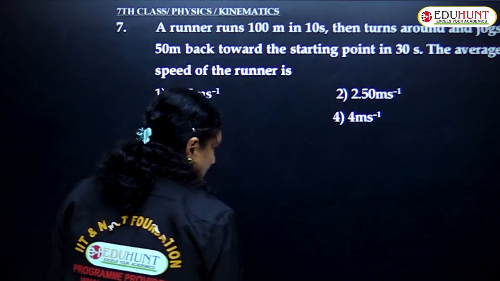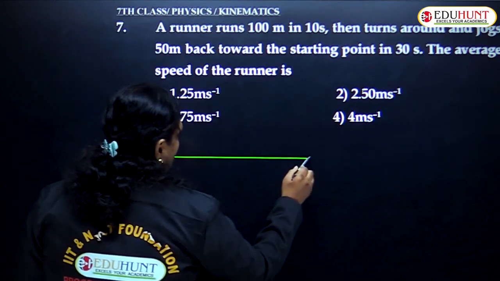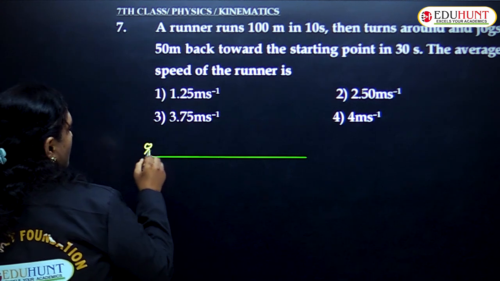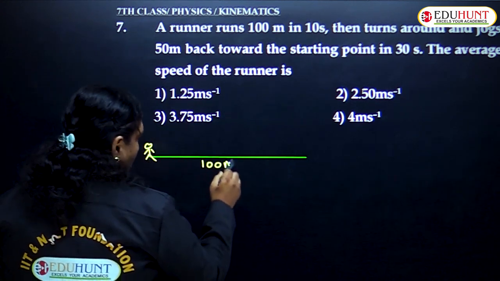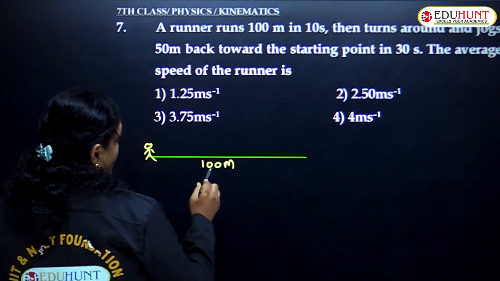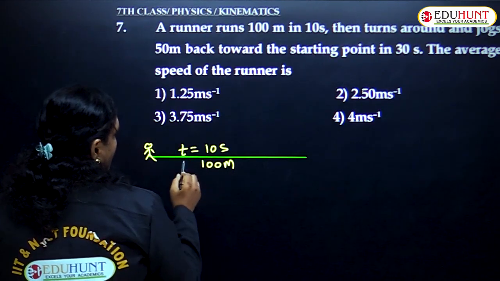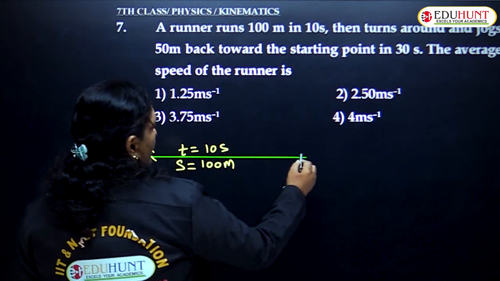So, what was the given data, children? A runner covers 100 meters distance in how much time? 10 seconds. Time is given. Distance is also given. What distance? 100 meters.